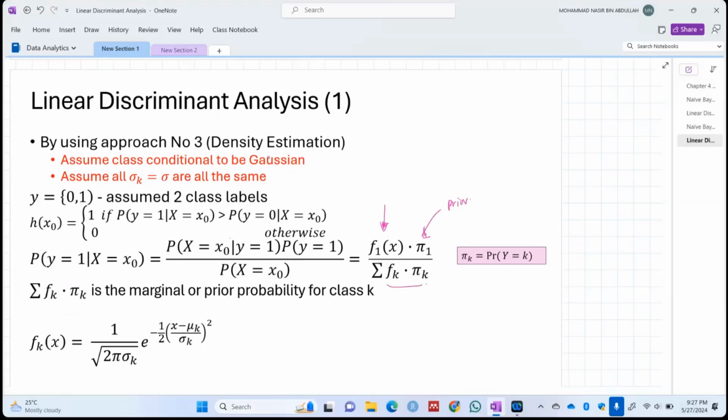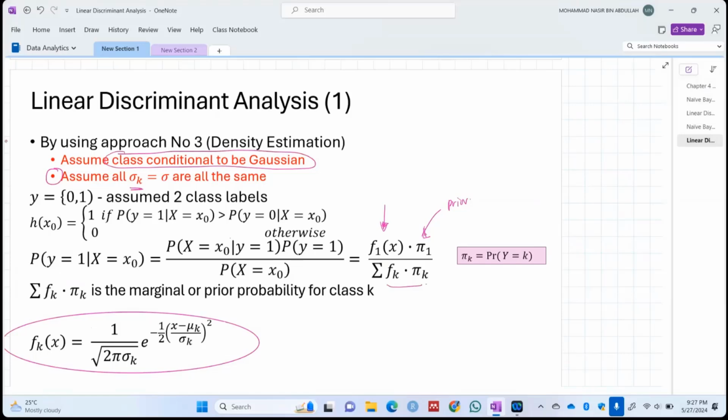Since we assume the class conditional to be a Gaussian distribution, we're going to use the normal distribution Gaussian function, the same as previous. Another assumption is that the variance for each class is equal.